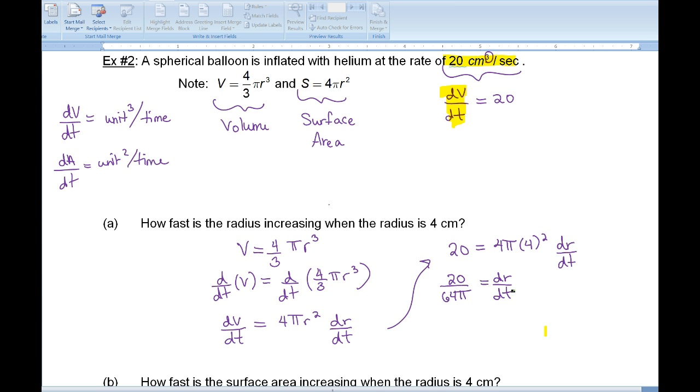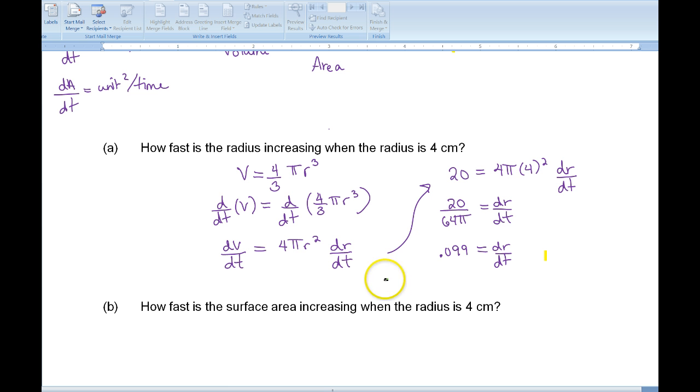Okay, how fast is the radius changing? The radius is changing at 0.099. What are the units?